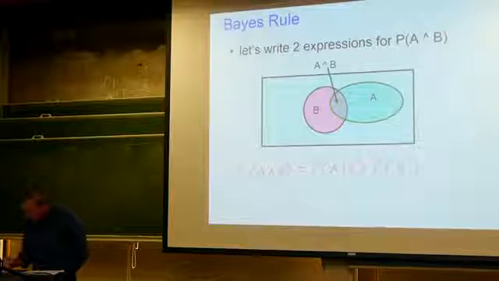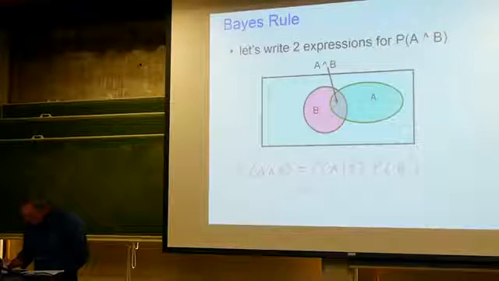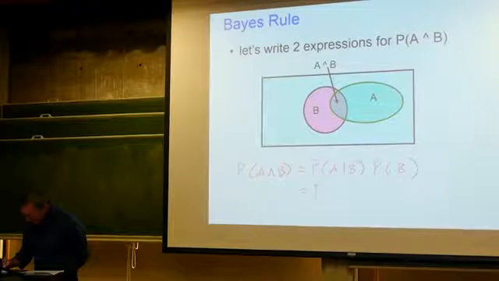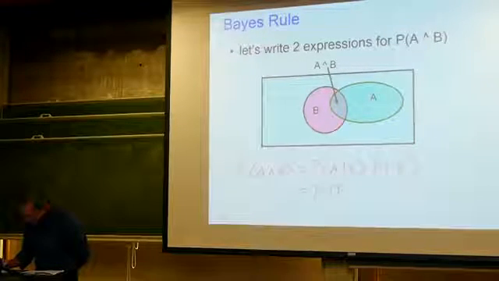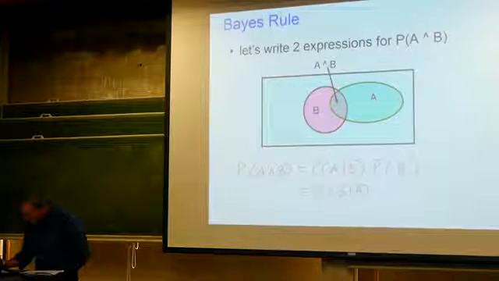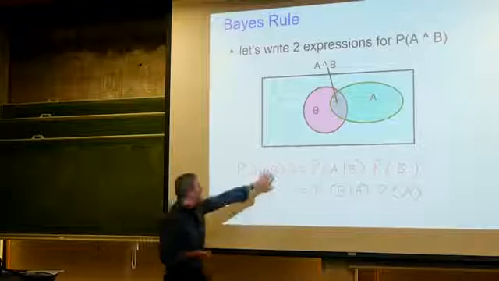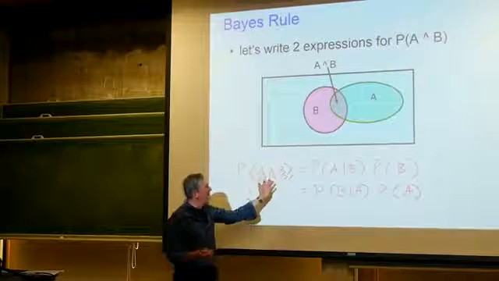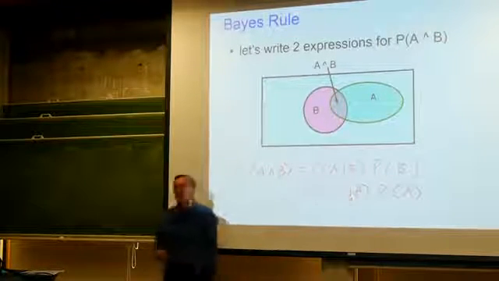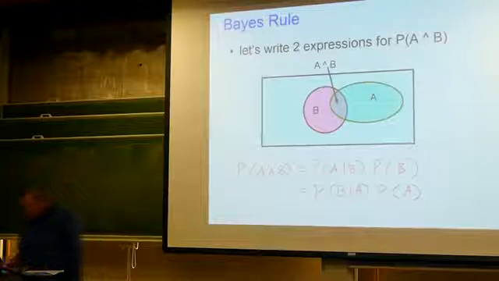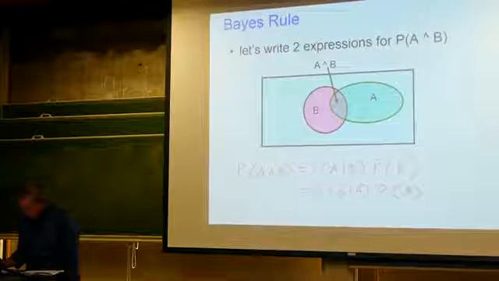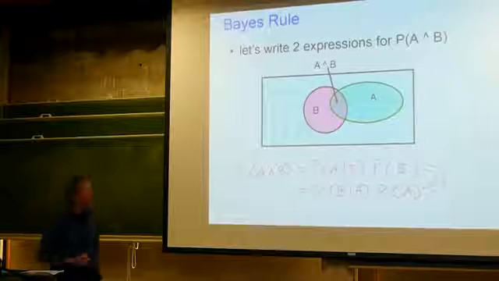But of course, that also could be written the other way. I could say P of B given A times the probability of A, right? P of A and B is the same as P of B and A. And if I wrote it that way, I get this. So these two things are equal.